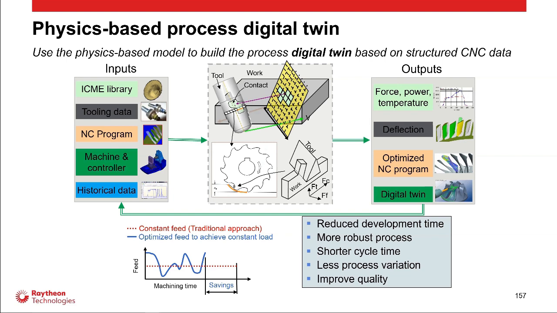Oh, this is deflection. Okay, thanks. So the digital twin means this is the process digital twin. It mimics how the machine will behave in actual time. So with that, we can use it as a reference to do real-time process control and monitoring.